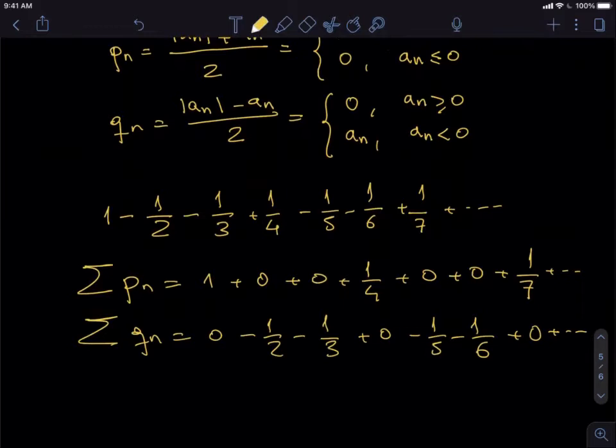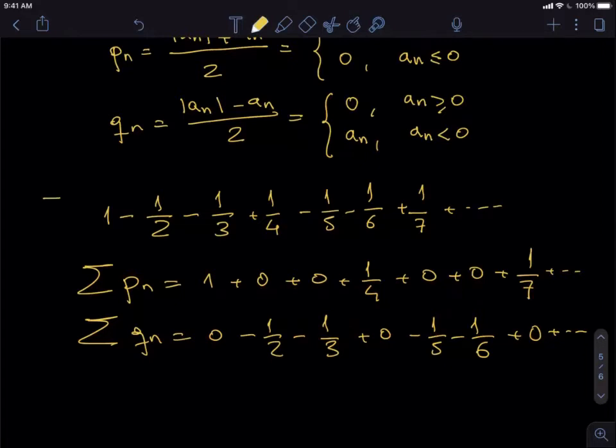When I add together the two series, I get back the original one. Adding those zeros in between doesn't change the value of the sum, but it allows us to keep track of where the original negative or positive terms were.